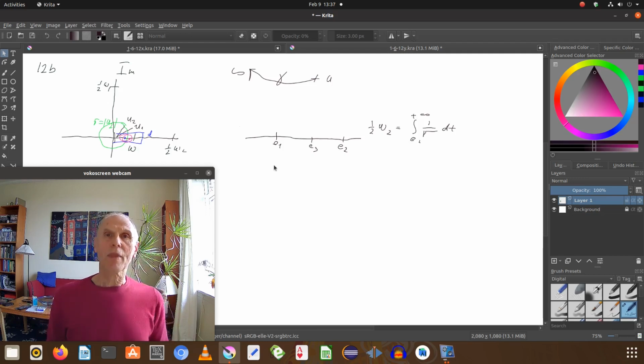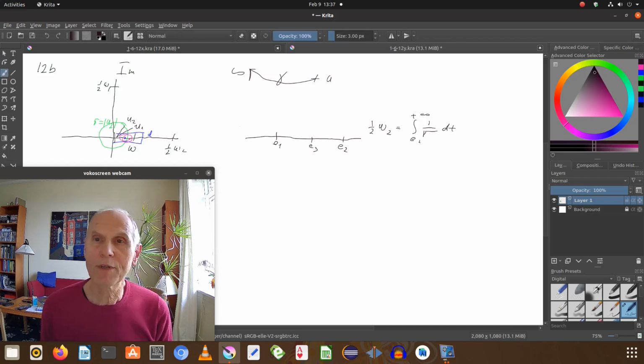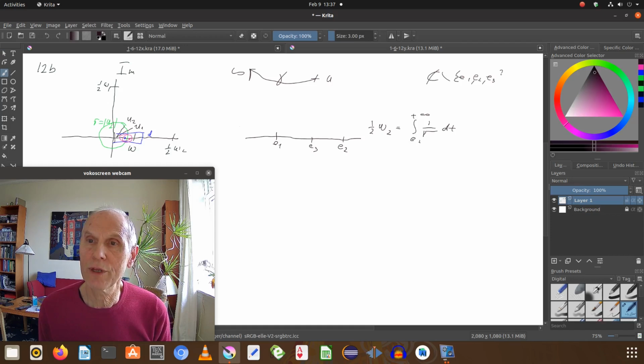So I had to think a little about what the family of paths looks like really. So what is the topology of our space? So that means C minus E1, E2, E3. What is the topology of it?